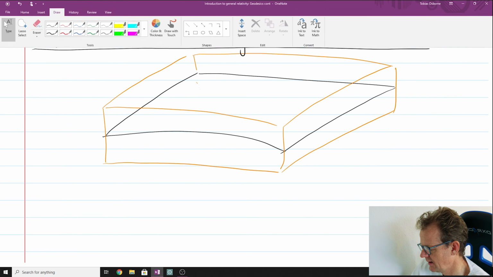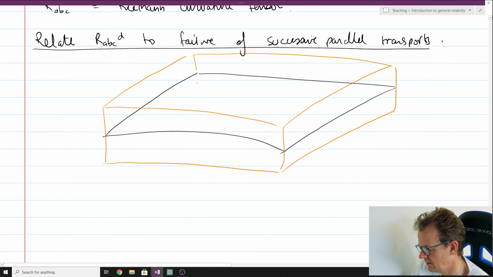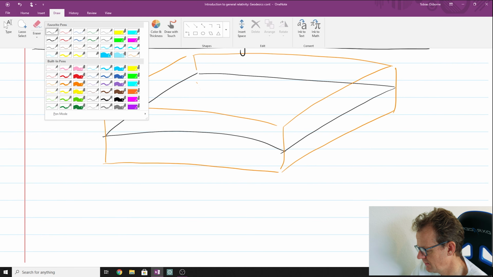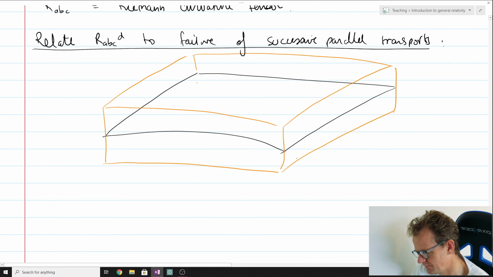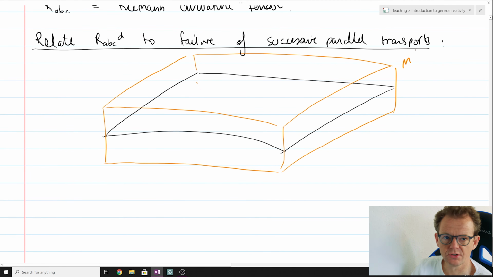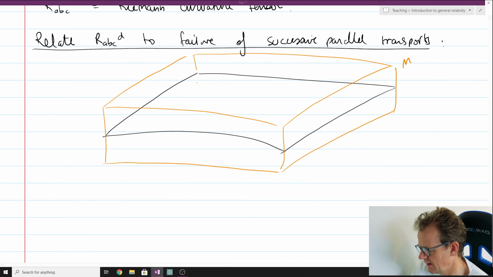So, in particular, it's very important that M in this characterization is of arbitrary dimension. So M here is this orange surface, orange volume, in this story.